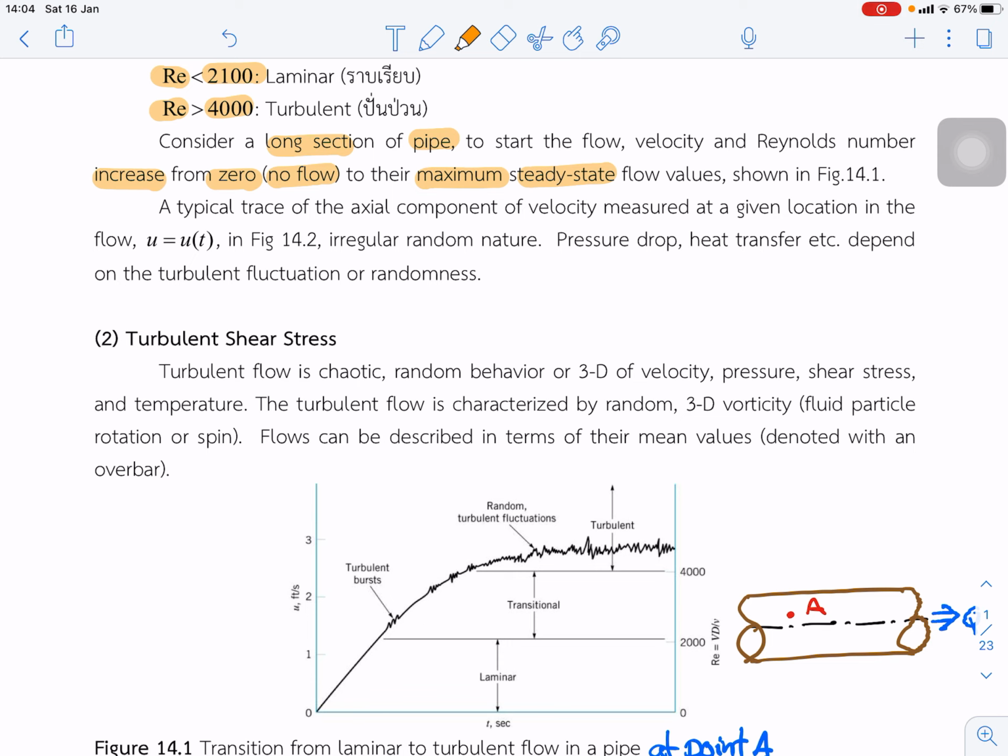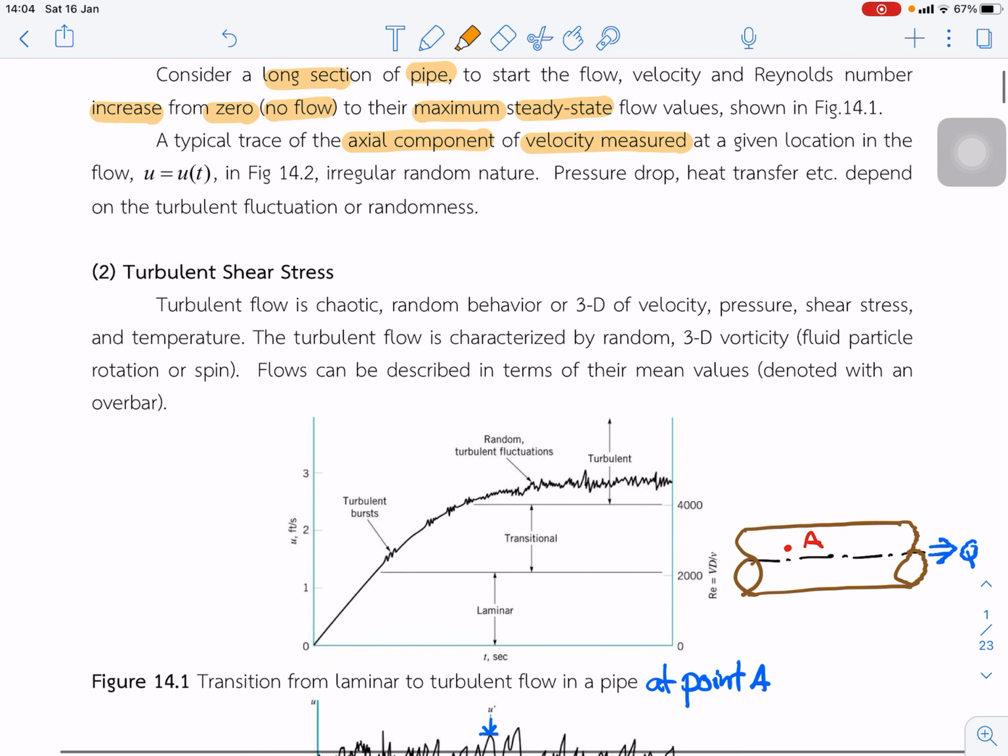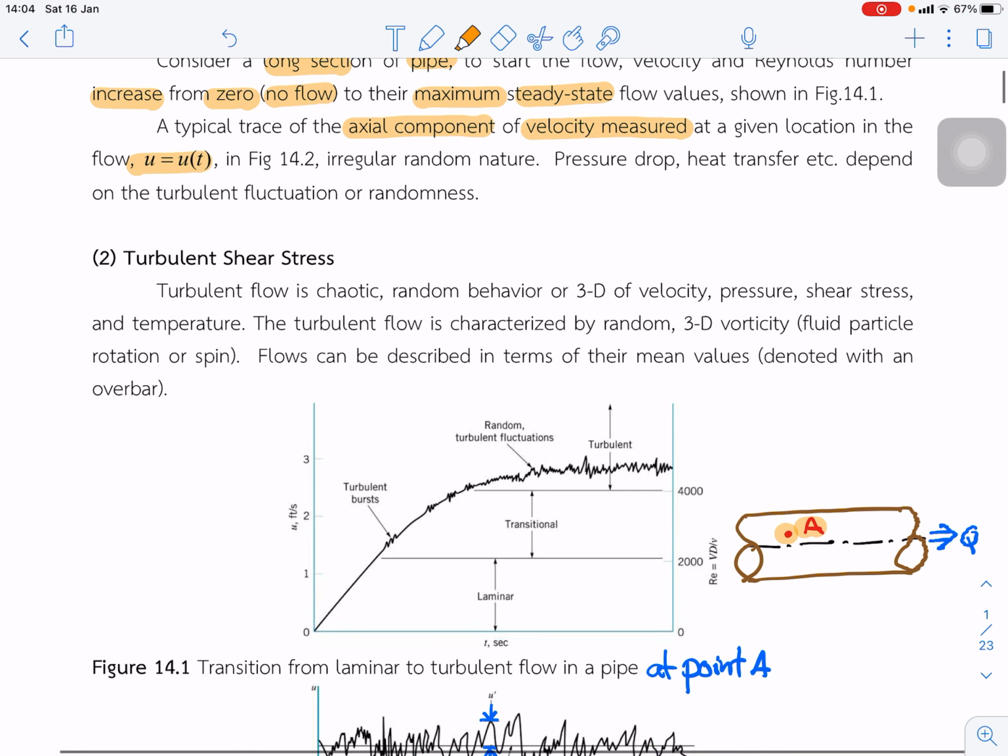Typical axial components of the velocity are measured at a given location. We measure at point A, and the velocity changes with time. As time increases and velocity increases, from laminar to turbulent flow there is a fluctuation of velocity along the way.